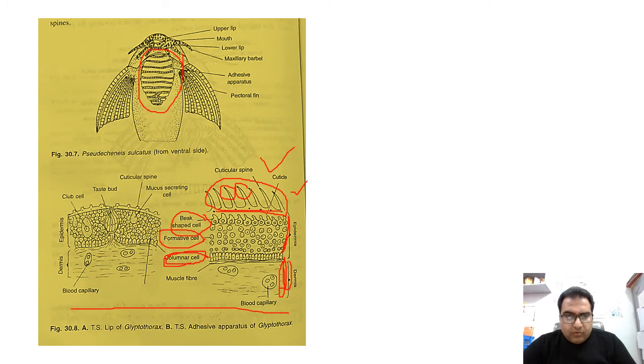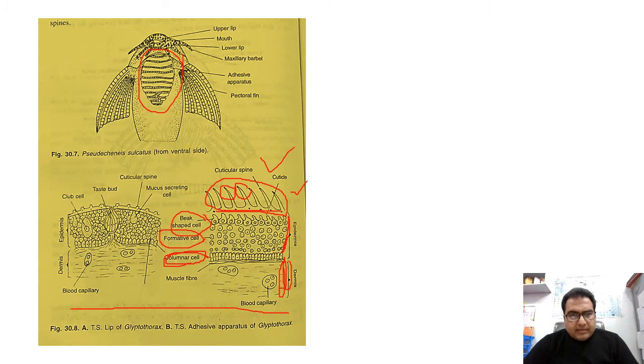So when we talk about the mechanism of the adhesion, this is very interesting to know. Generally, it is believed that the vacuum is produced by the ridges and the grooves of the adhesive disc, which brings about the attachment.